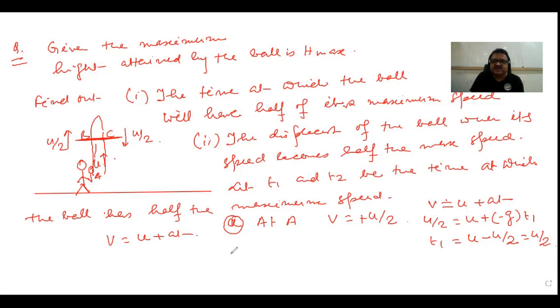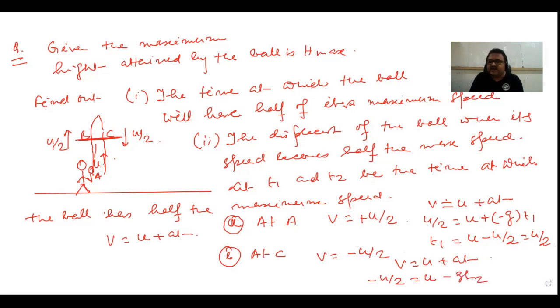Now again at C. What is the velocity? v equal to, now it is directed downward, minus u by 2. So apply the same formula again, v equal to u plus at. Put the value for v, now it is minus u by 2, u is minus g t2. So if we do this calculation, what will be the value of t2?